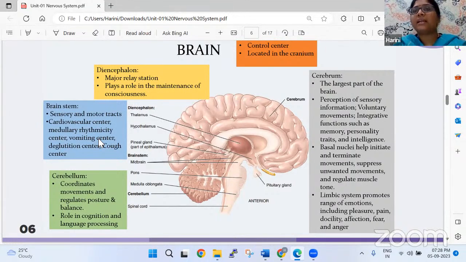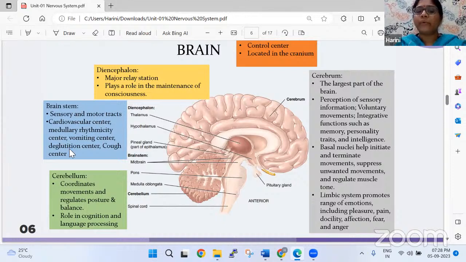You'll understand this vomiting center better when you have a better knowledge of pharmacology, where every drug, if it goes and touches this vomiting center, you feel like vomiting or a nausea sensation. And you have the deglutition center, that is swallowing, and the cough center. The major vital actions are all present in this medulla oblongata.